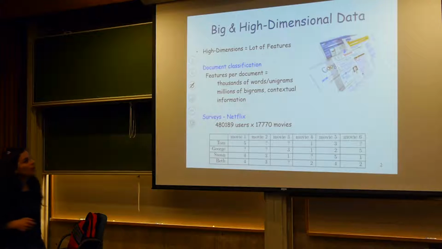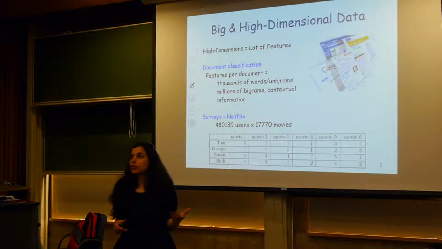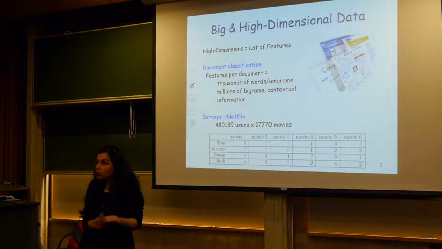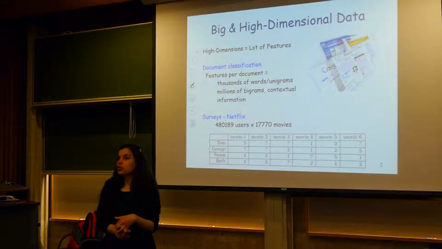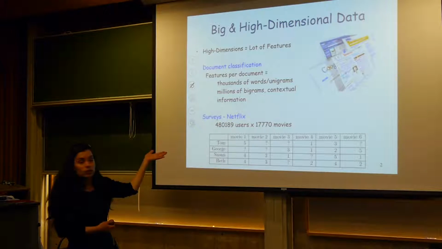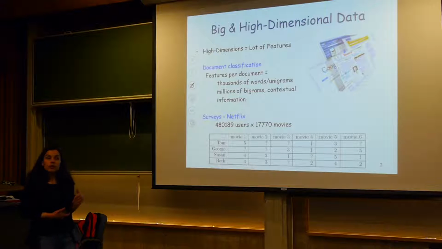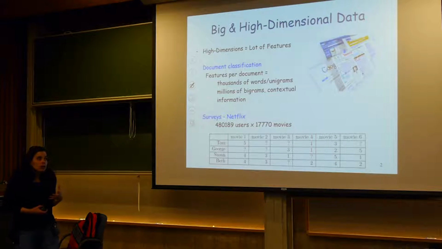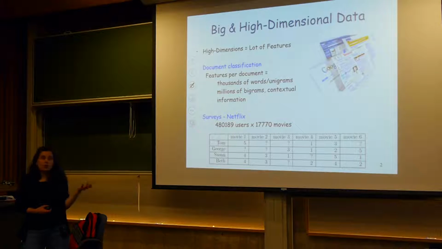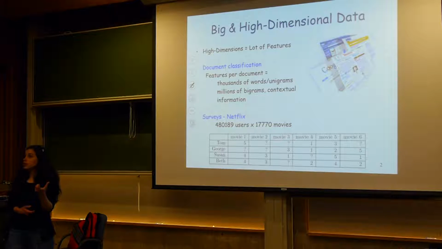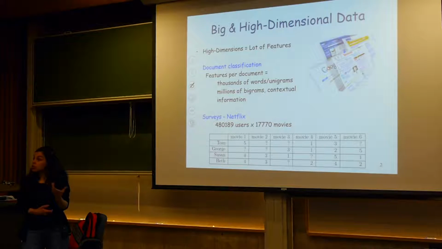For example, if we want to do document classification, we could use the classic bag of words representation, where for each word in the English dictionary, we have a feature. So then we would have thousands of features. But people that do natural language processing, namely NLP, use even more features. For example, it's also common to use the so-called bigrams, which means for every pair of possible adjacent words, we have a feature.